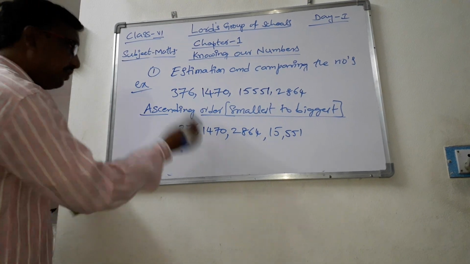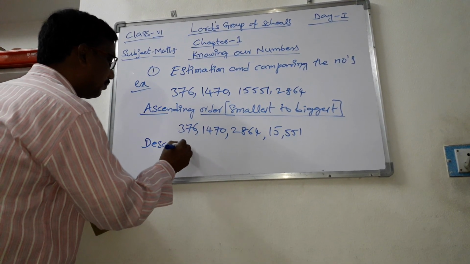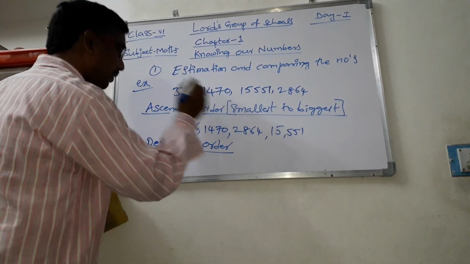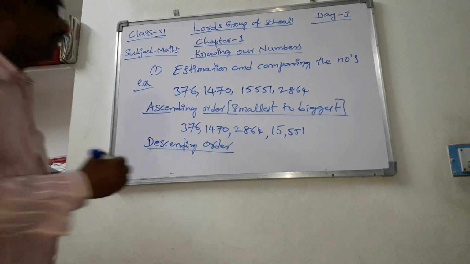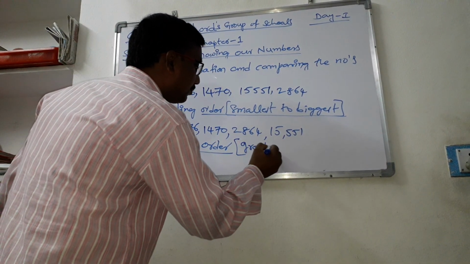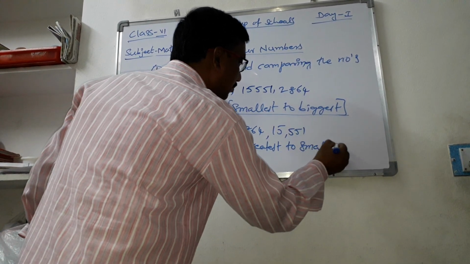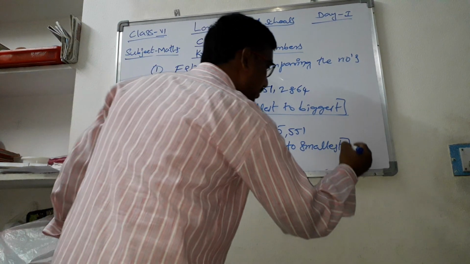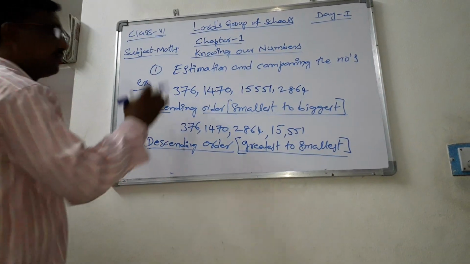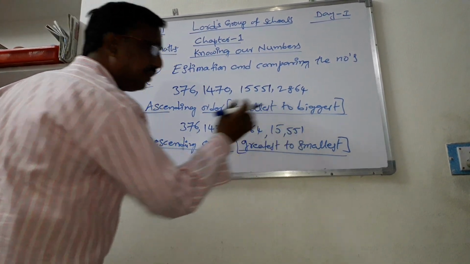So descending order is the reverse. In descending order we will write the biggest or greatest first, greatest to smallest. In the given four numbers, we know that 15,551 will be the greatest.